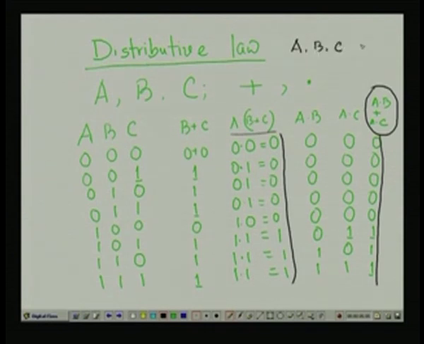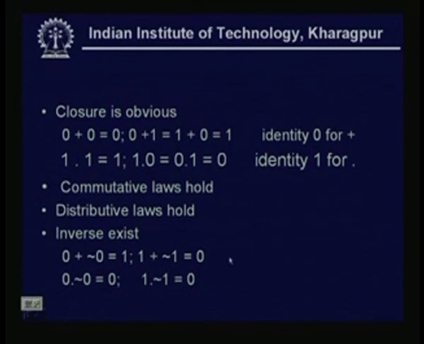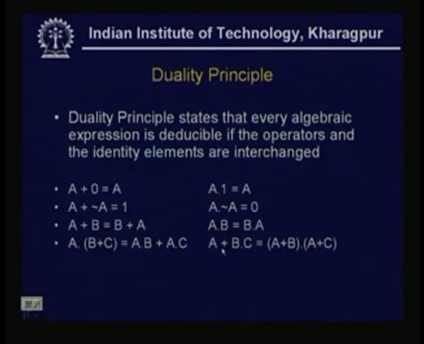That means A, B, C belong to S, where S is either 0 or 1. Now, we see how these Boolean expressions can be developed from these algebraic concepts.